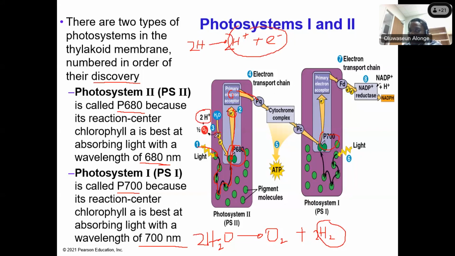Then these are the 2 electrons. You know what they did? They came back to replace the electron that was lost here so that this chlorophyll can become stable and be able to rest. Because now this is like somebody that has been fired up and cannot sit to have rest. It's unstable. So to maintain that stability, the water molecule split and replaced the electron that was lost. Now, let me ask you a question.